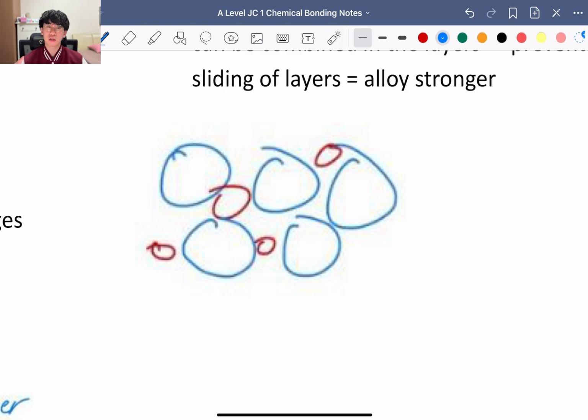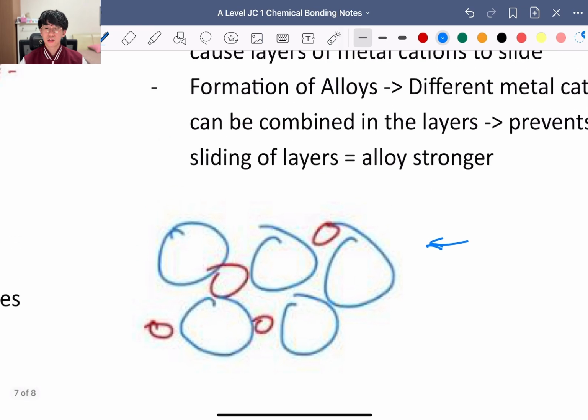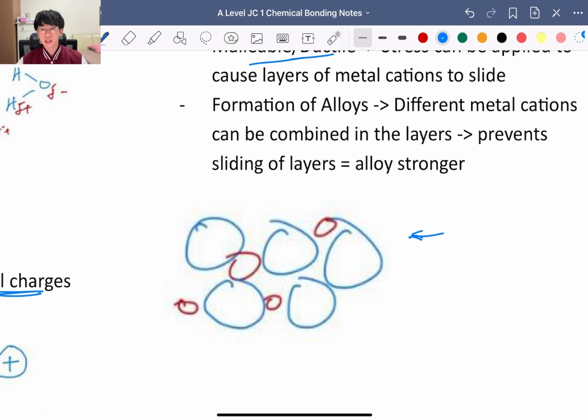The structure tends to be a bit distorted. It's not like layers that can slide past each other very easily. So if you apply a stress over here, it's not going to be easy to shift the atoms, the ions. So when you form your alloys, you tend to make a material that is harder and stronger, but of course, it also means that it's less malleable and ductile.